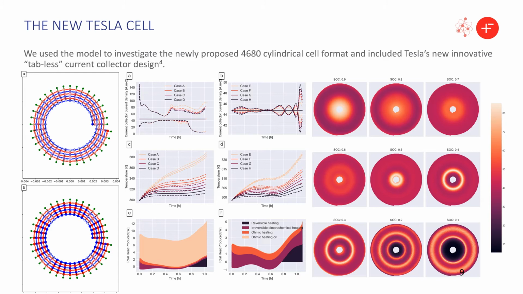This has a big effect on both the current density heterogeneity and also the total heat produced. In the middle there, A, C, and E are the traditional tabs, and B, D, and F are the Tesla tabs. The total heat produced is largely dominated by the ohmic loss in the current collectors, as you can see in subplot E. You have around 8 watts associated with ohmic loss in the current collector, and that has a big knock-on effect on the overall temperature.